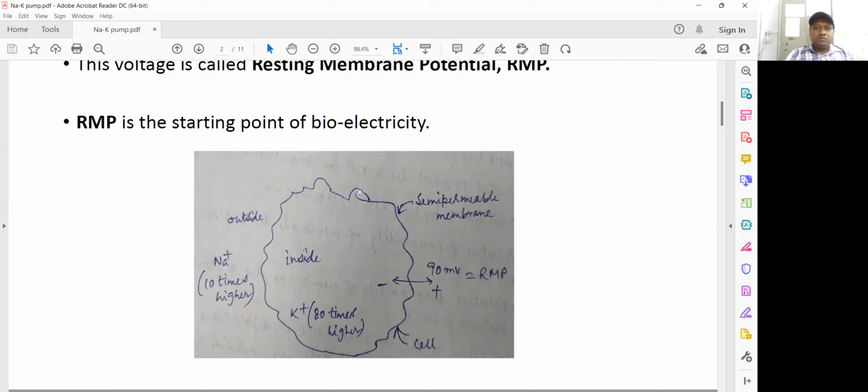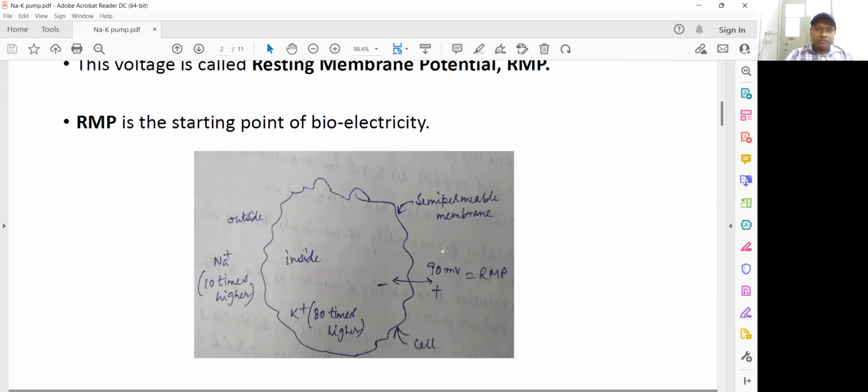Now, due to the semi-permeable nature of this membrane, all the ions are not allowed to enter inside the cell. Similarly, all the ions are not allowed to exit out of the cell. From the intracellular fluid, not all ions are allowed to go outside, and from the extracellular fluid, not all ions are allowed to enter inside, due to the semi-permeability of this membrane.